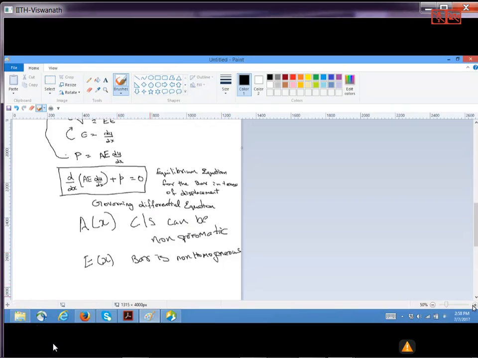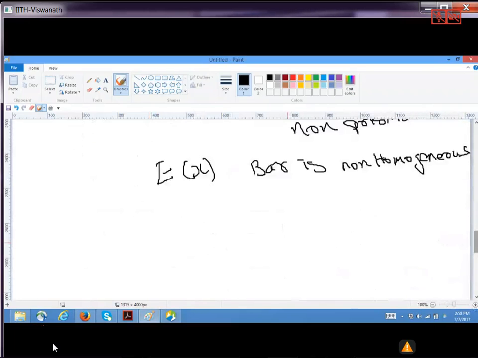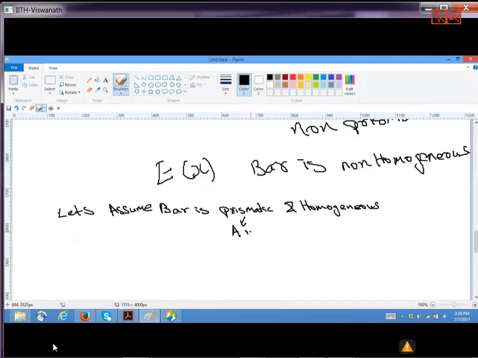If the bar is prismatic and homogeneous, that means A is constant and E is constant.